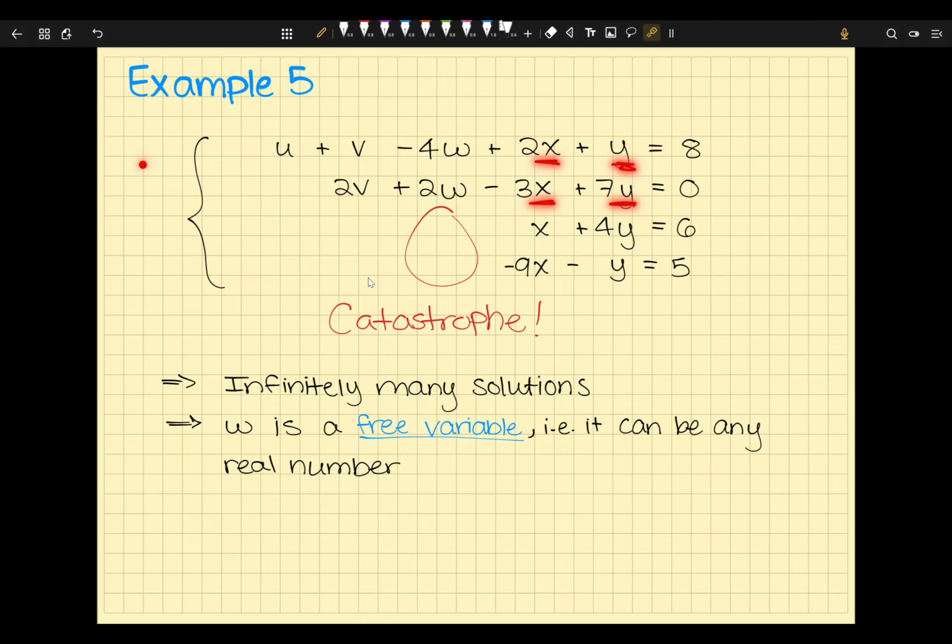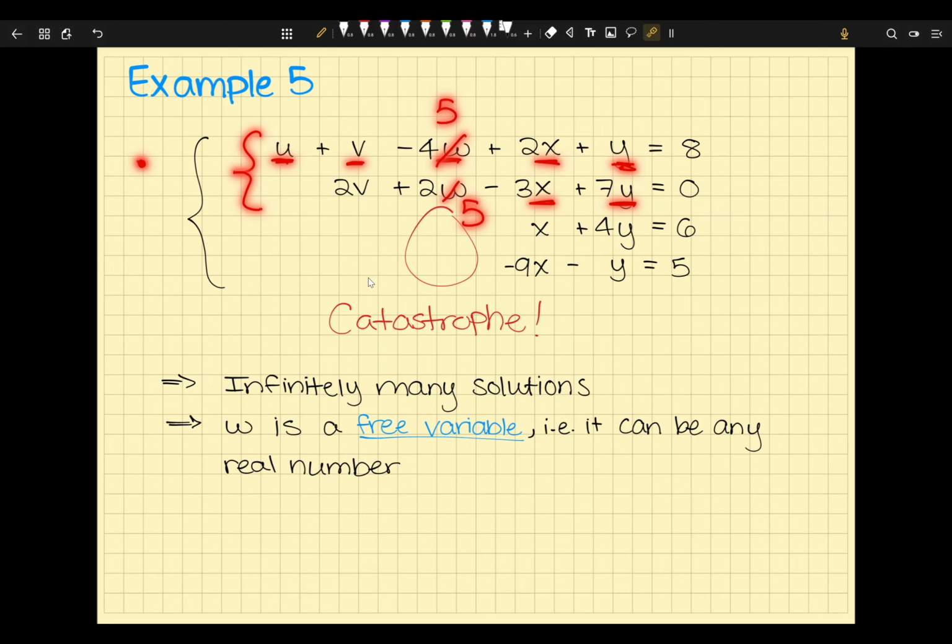So we know y, we know x, but now we have 2 equations and 3 unknowns. So we don't know u, we don't know v, and we don't know w. And what this means is that there are infinitely many solutions. We don't know u, v, or w, but let's say we plugged in 5 for w. Now that we've chosen a value for w, then we can solve for u and v.